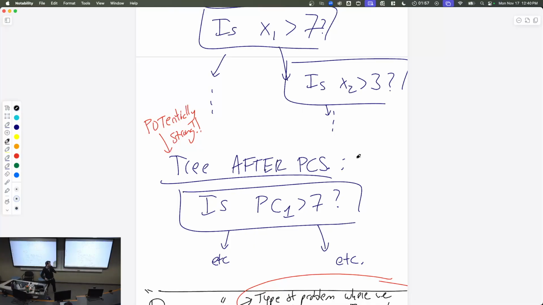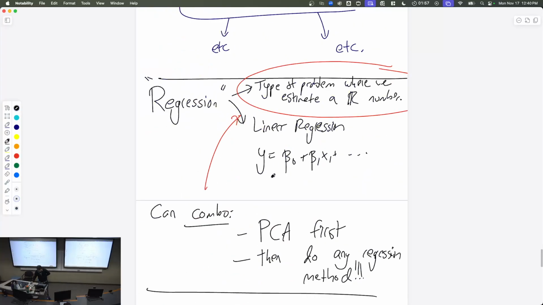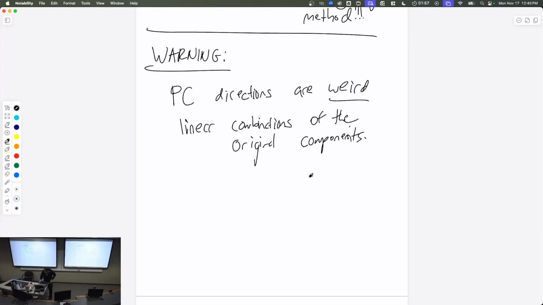You'd do some weird combination of all the variables that doesn't make interpretable sense anymore. So you lose interpretability. This is the warning of principal components: they are weird, so you lose interpretability. Okay, so that is something to watch out for.